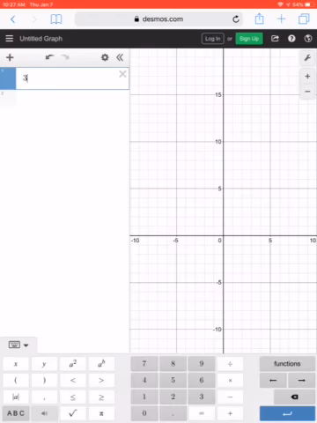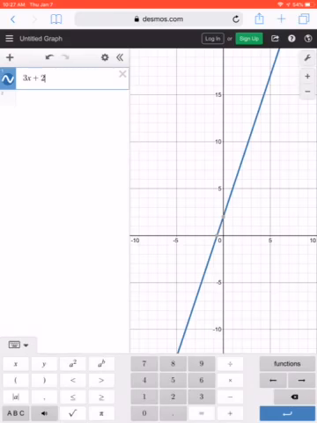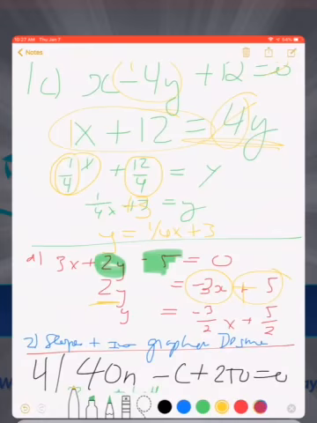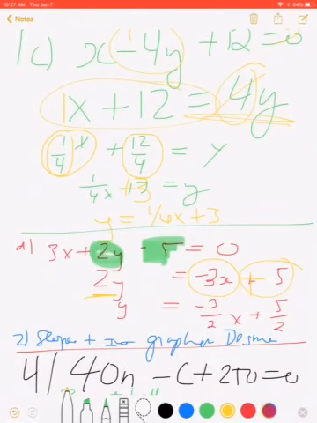So it's another thing you can do with Desmos. The initial equation for D is 3x plus 2y minus 3 is equal to 0. Okay, so that is the equation in the text. And then when I rewrote it in the other form, in y equals mx plus b form, I have y equals negative 3 halves x.